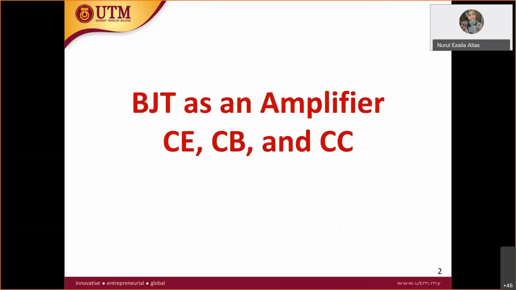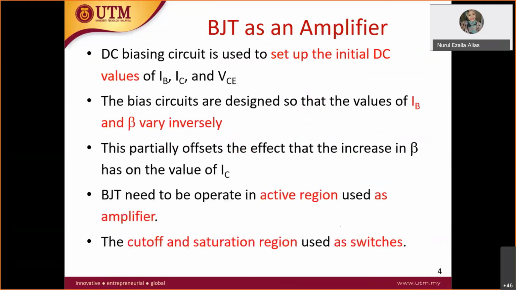Part 2 is to solve the DC analysis circuit for the BJT. DC biasing here involves finding the base current, collector current, and collector to emitter voltage.